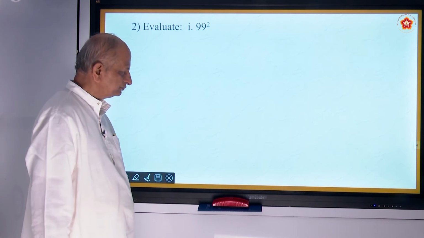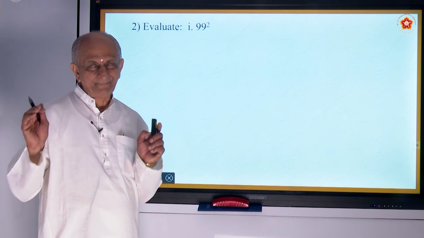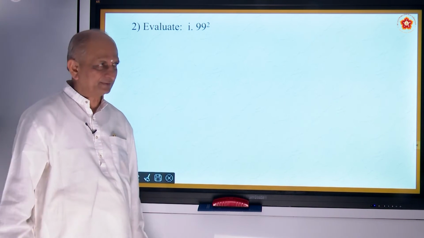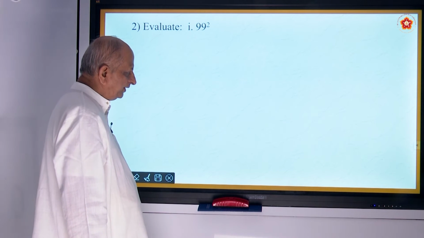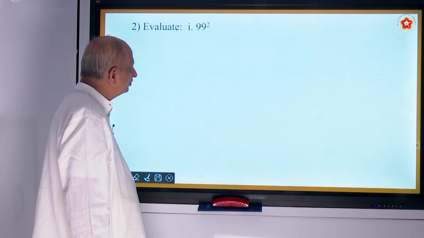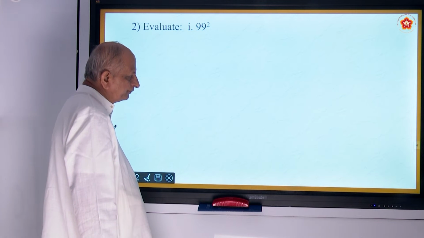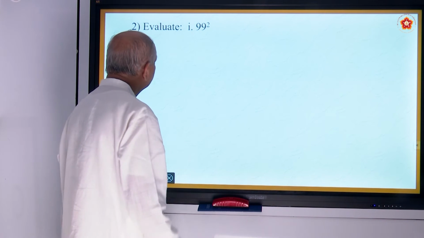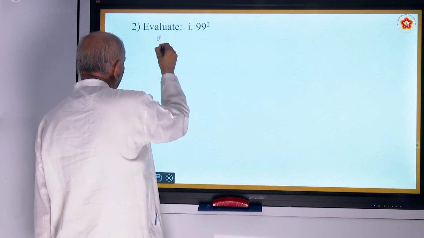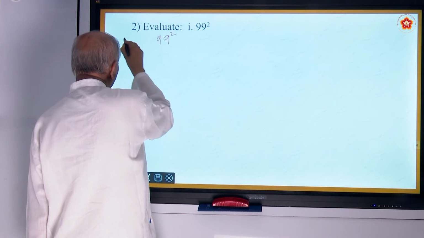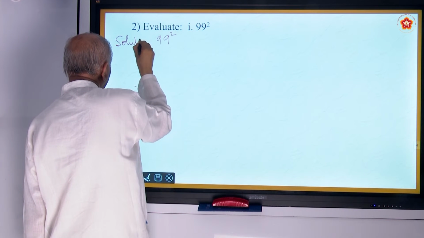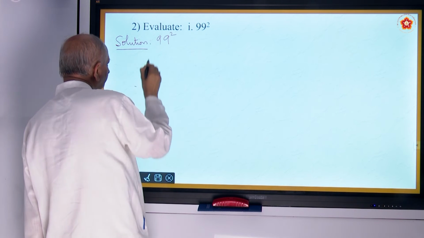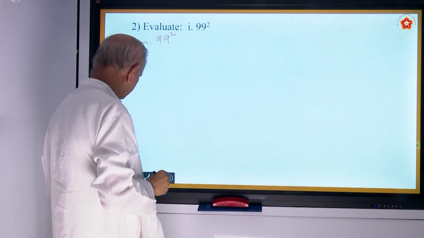Now, one more. Suppose some numbers are given, squares of numbers like 99 square. So 99 square, how can you write it? This 99 square is also equal to, come on, anybody?